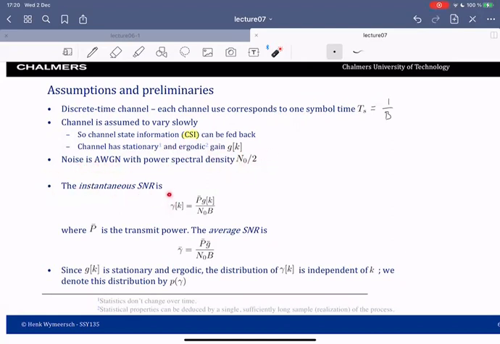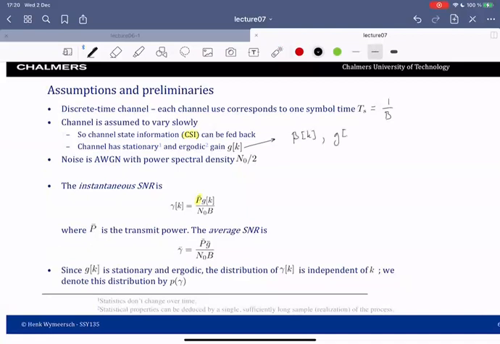We can then compute the instantaneous SNR as the transmit power. So let's assume that we have a fixed transmit power times the channel gain. So actually I should mention, this is the power of the channel. So the channel, let's say, is called beta of k.